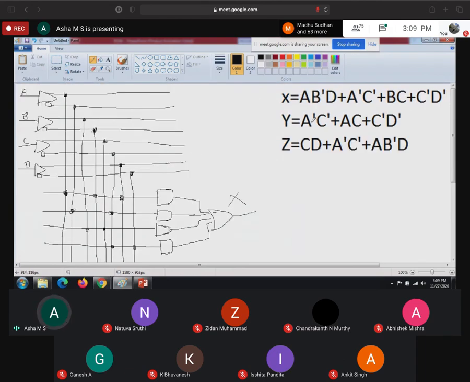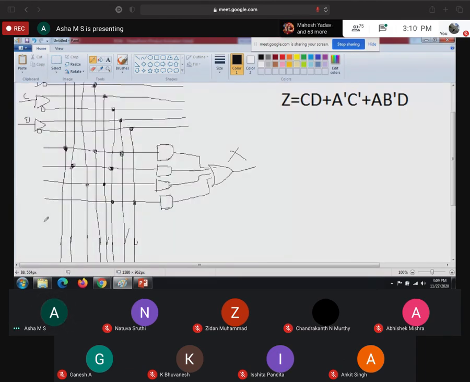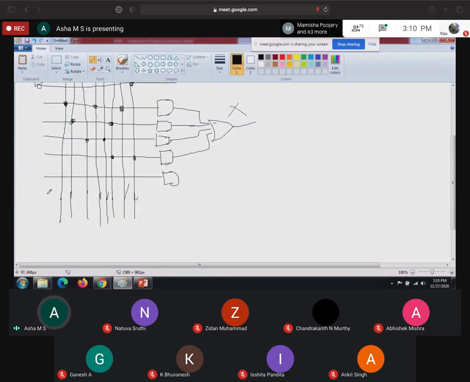For Y, how many gates are required? 3 gates are required. But here the OR is fixed, right? The OR is fixed to 4 AND gates, which means a 4 input OR gate is fixed.